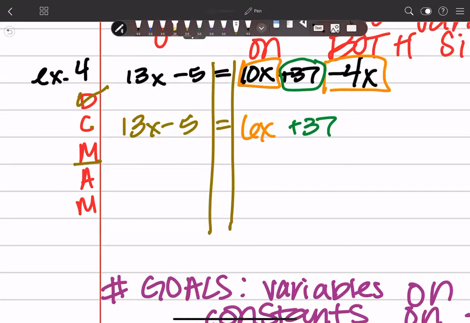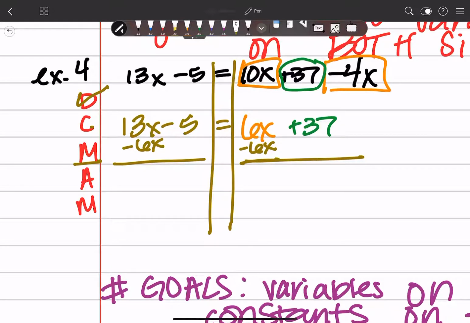And for the most part, that's what you're going to do. It's okay if you don't; you'll just work with a couple more negatives. So I'm going to do the opposite action. Because this 6x right here was a positive, I'm going to do the opposite by subtracting it. I want it to zero out.